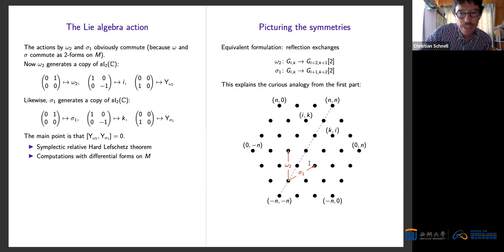The relations for SL3 exactly come down to saying that when I reflect in this diagonal, I'm exchanging those two arrows. So from my point of view, this SL3 representation really contains an explanation for the analogy in the first part: why is there a symplectic Hard-Lefschetz that mirrors the usual Hard-Lefschetz?